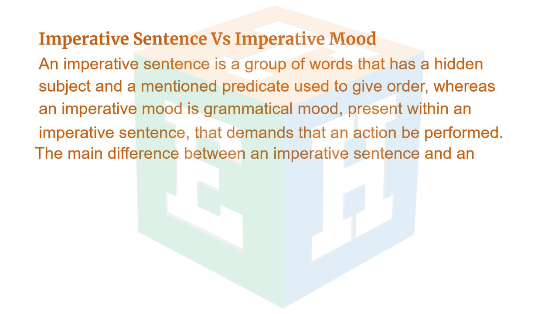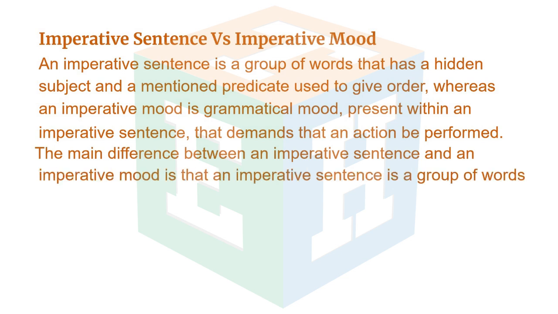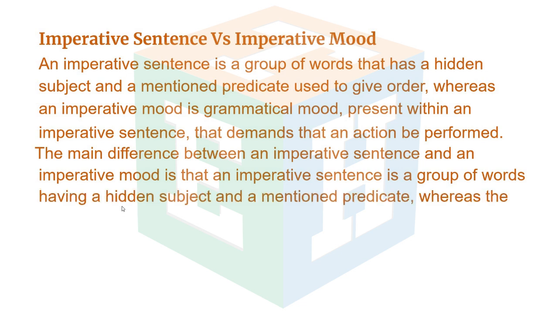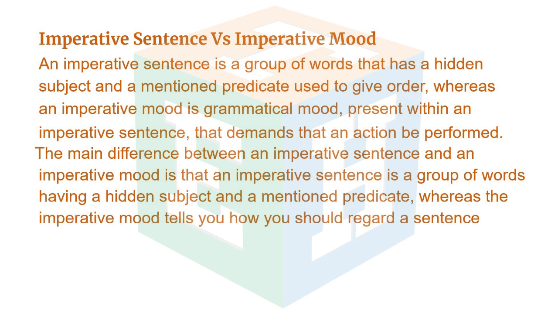The main difference is that an imperative sentence is a group of words having a hidden subject and a mentioned predicate, whereas the imperative mood tells you how you should regard a sentence as a command.